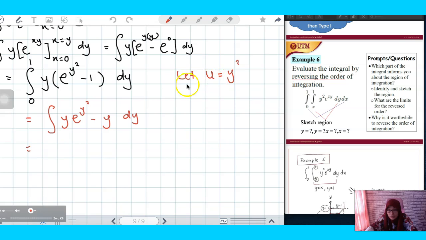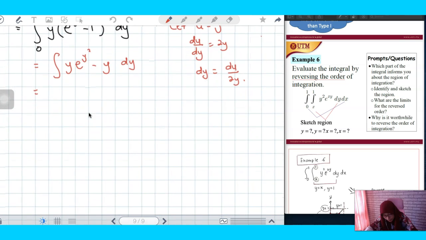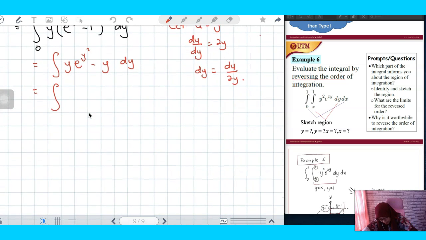Let u equal to y squared, so you can replace this with e^u. Now du over dy is 2y, so your dy is du over 2y. It should be negative.